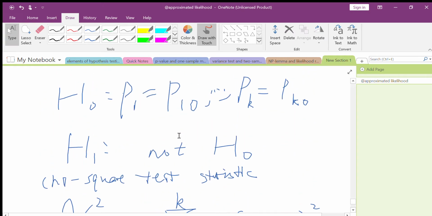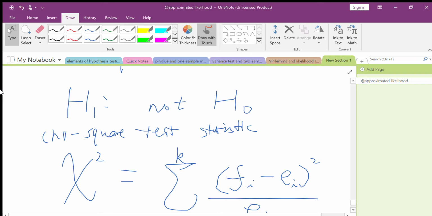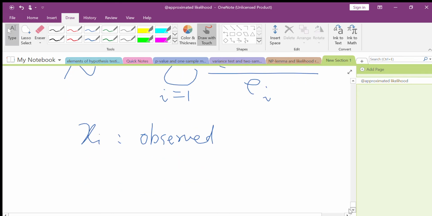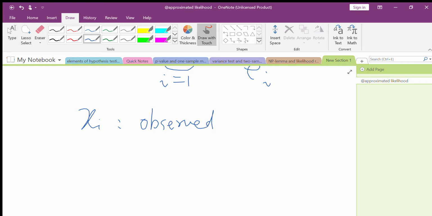Actually, we don't write it as small f, we just write it as small x. So small fi is just small xi. Let's repeat what small xi is in this data generating process.